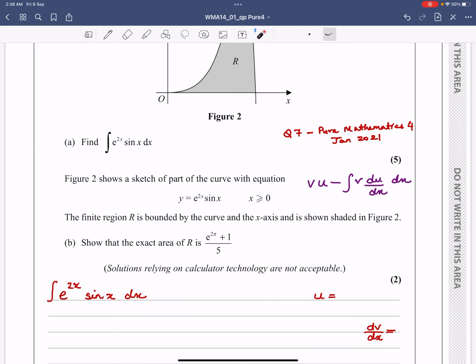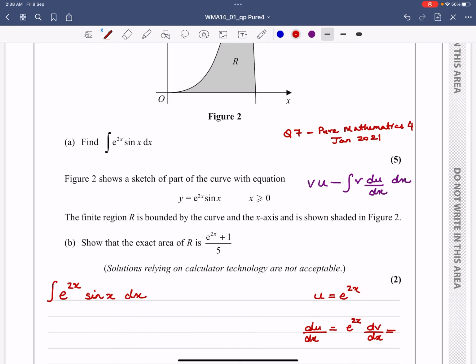So for example, I choose u to be e to the power of 2x. If I choose u to be e to the power of 2x, it's easy for me to find du/dx. So if u is e to the power of 2x, then du/dx, the differential of e to the power of 2x, will be e to the power of 2x, and then we have to multiply this by the differential of what is inside the function, which is 2x.